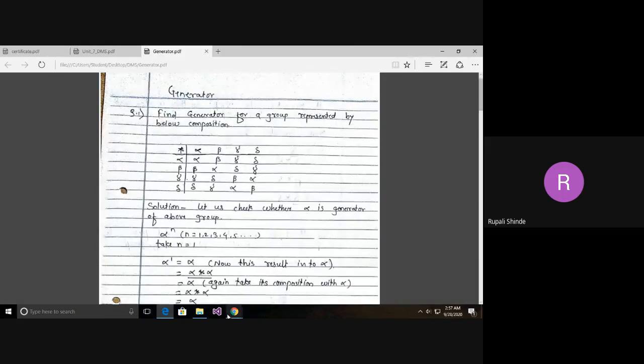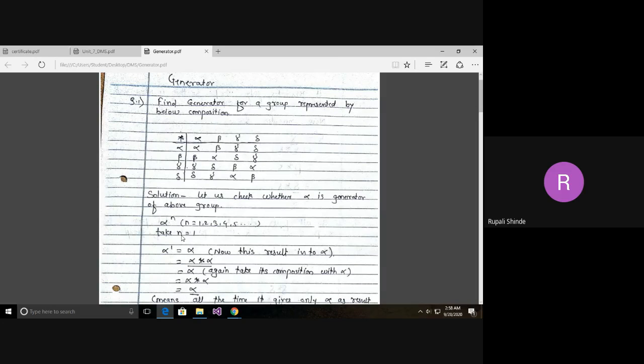What is the definition for generator? If it is possible to write all the elements in the format of a raised to n. Suppose a is the element, then it is required to find all the elements of that group using the formula a raised to n, where n is any integer.